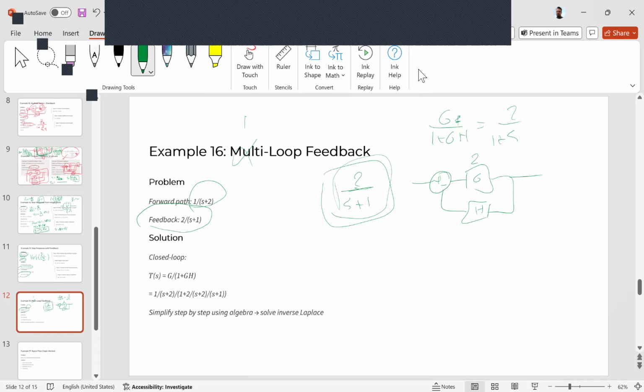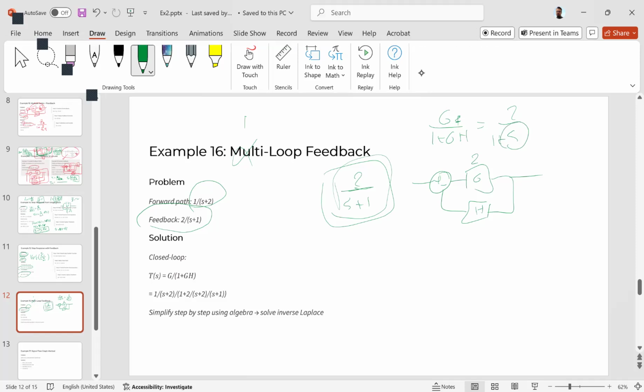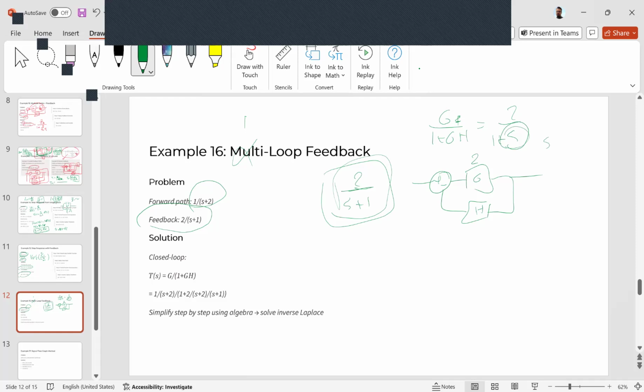If this is 2, what is H? 1 over 2 what? S. This is GH. S is GH. If G is 2, H becomes S over 2. Correct?